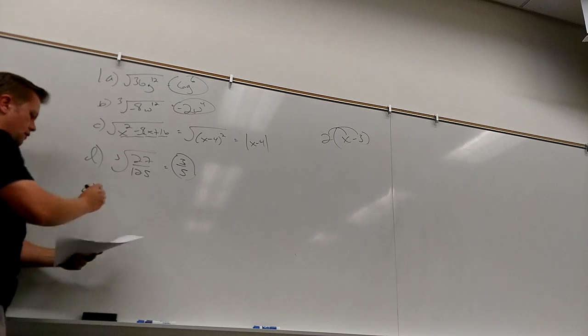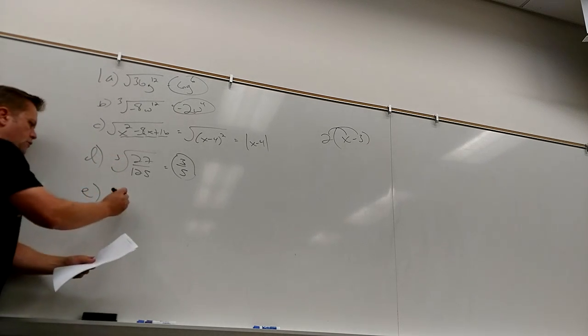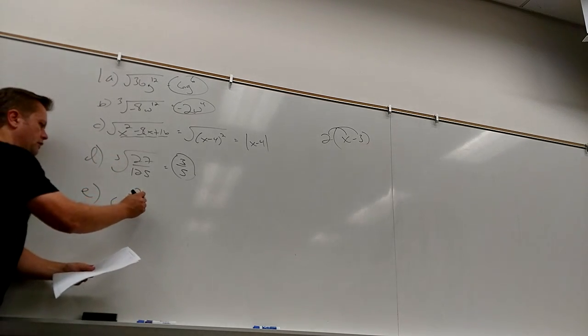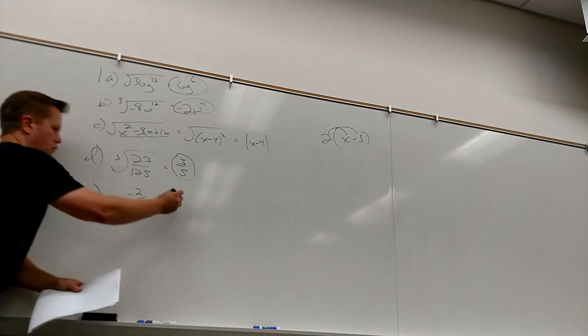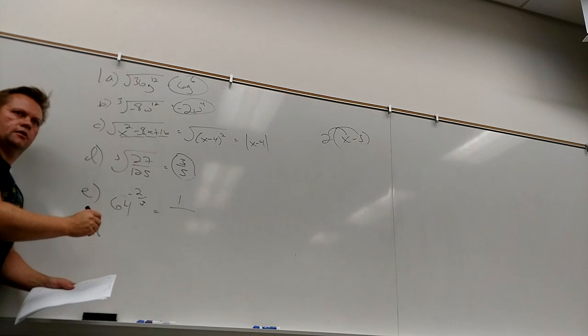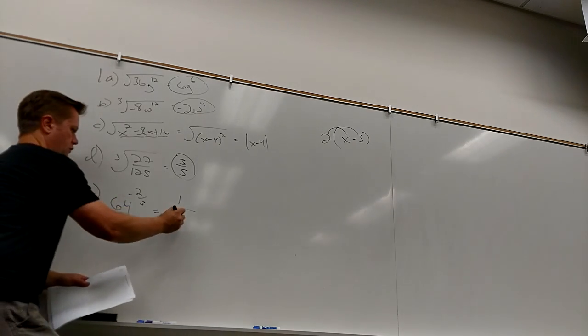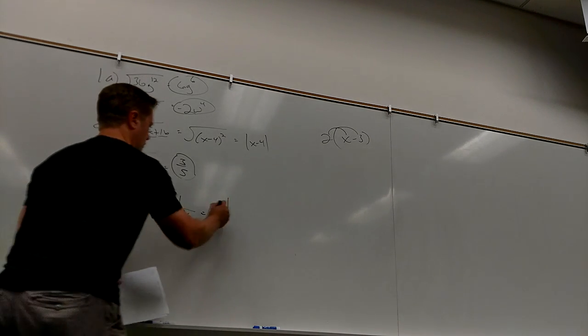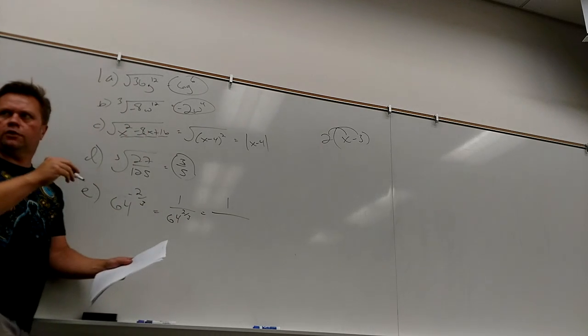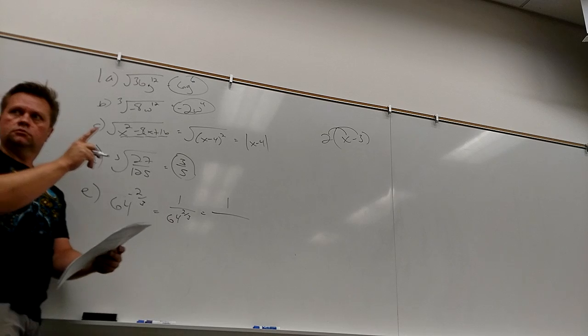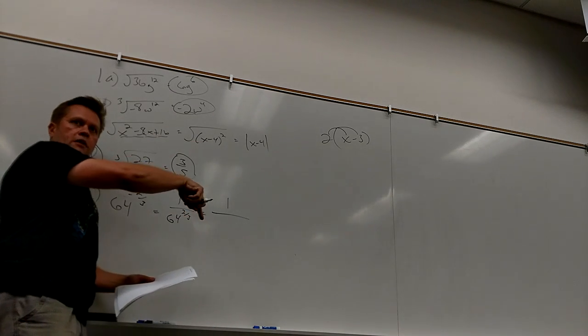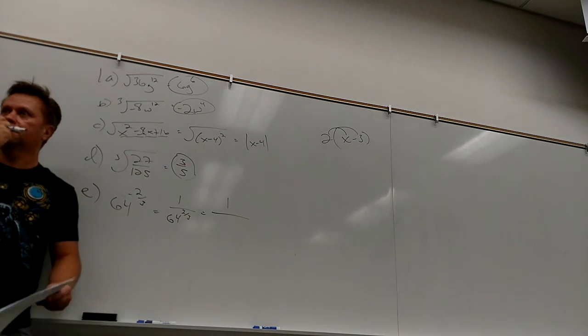Let's see, E. Yeah, what's the first step here? How do I rewrite this? Good. So it'll be 1 over 64 to the 2/3. And what's the bottom become now? The what root? Careful. Cube root. Roots are on the bottom. Right.